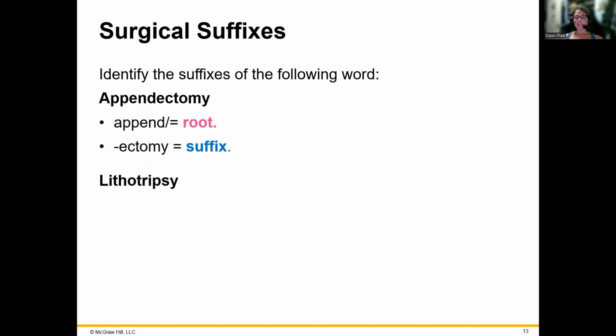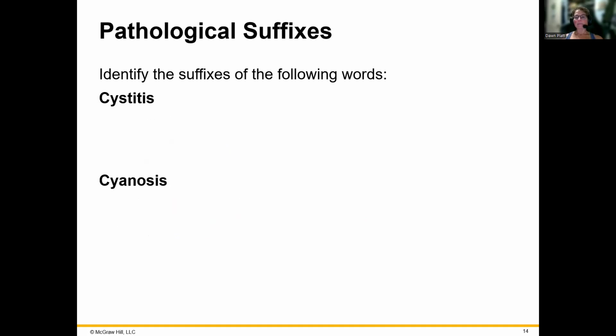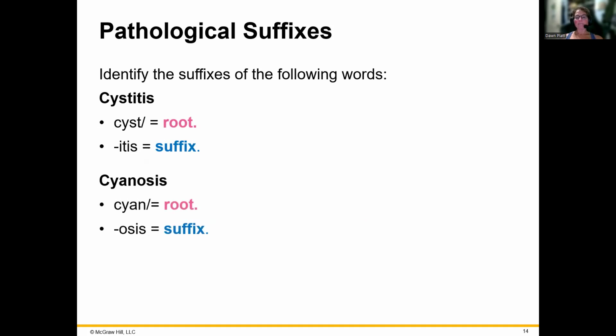We have appendectomy and lithotripsy. Now we go into pathological suffixes, which has to do with the pathology. And the first one we have is cystitis. And then we have cyanosis.